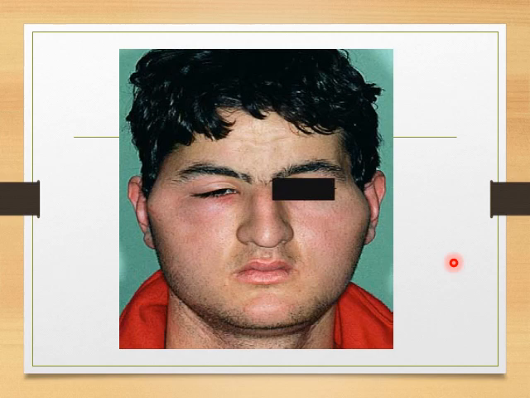It is trismus, mainly trismus, and pain during mouth opening with lateral deviation to the affected side, edema in the area anterior to the ear extending above the zygomatic arch, and as well edema of the lower eyelid.